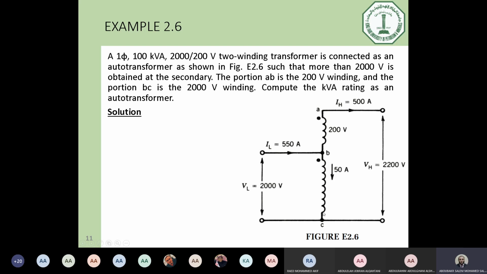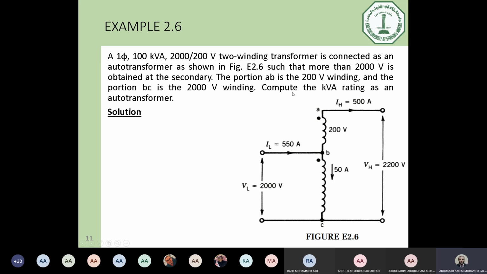So we can say now the transformer can step up the voltage from 2000 up to 2000 plus 200. So it can be used now as a step up transformer, but with a common coil. I mean, the coils here are physically connected. There is no physical isolation between primary and secondary anymore.